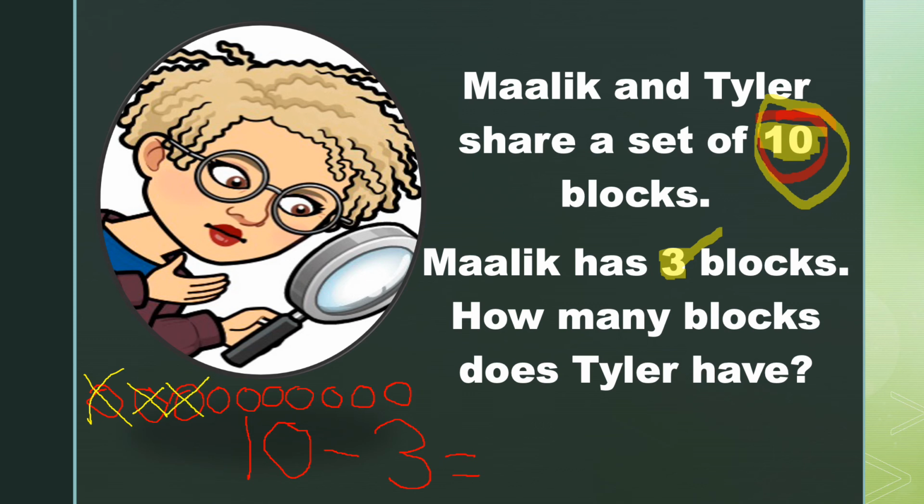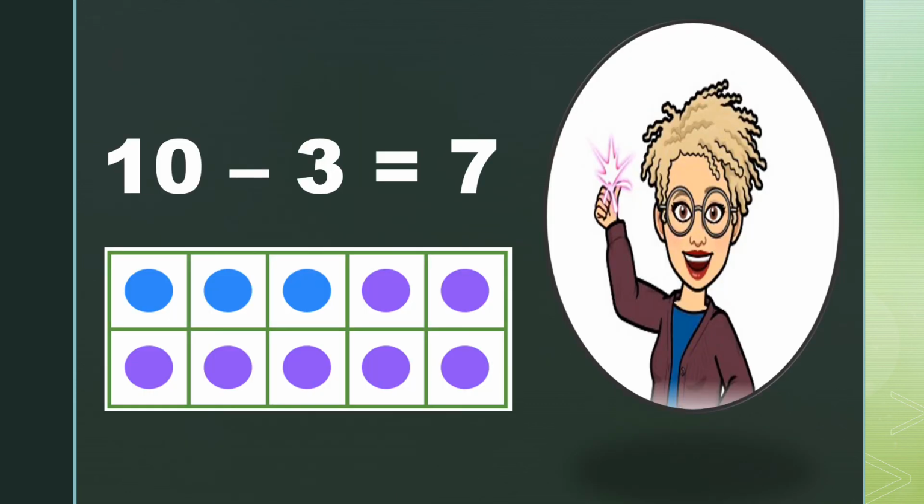Now we need to count to find out how many are left. 1, 2, 3, 4, 5, 6, 7. 7 blocks are left. So that means then Tyler has 7 blocks.